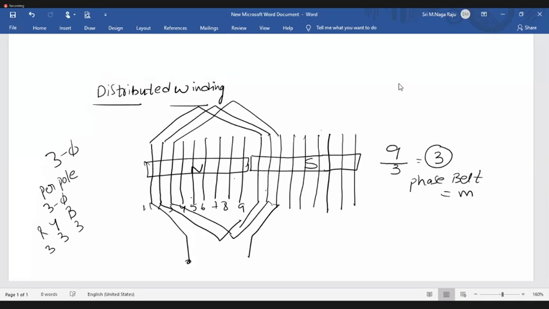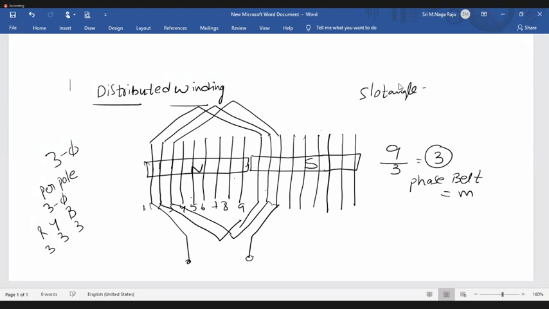This is one coil. Okay. See, if you see 1, 2, 3, these 3 slots have 3 conductors corresponding to one particular phase. That is, for example, R phase. Okay. Yes.